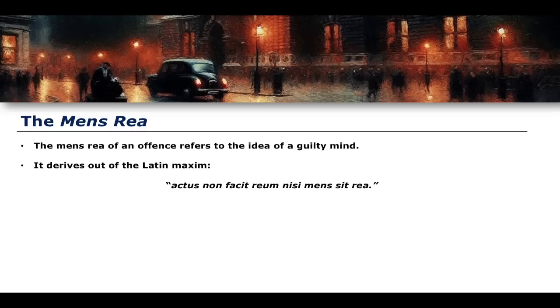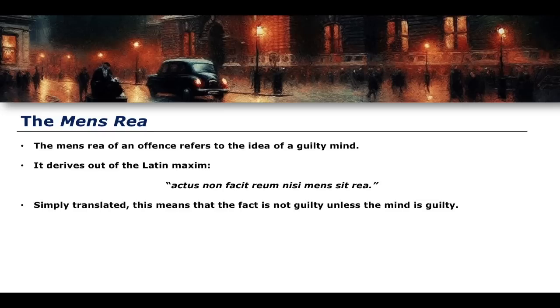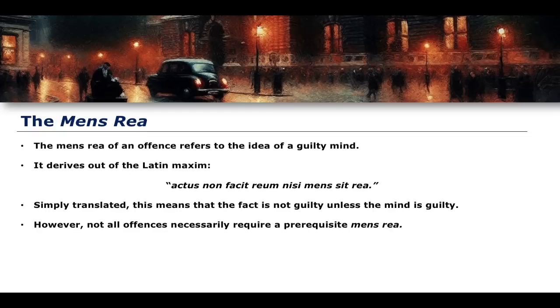This is going to be even more accentuated when we eventually get onto teaching Roman law. I'm going to have a field day there. But fundamentally, this is simply translated to mean that the act is not guilty unless the mind is guilty. So we're talking about the mental element of an offence, okay?